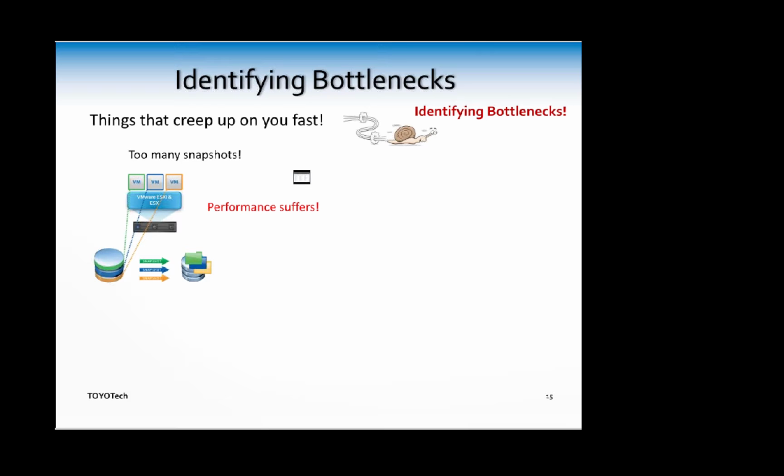Now, those snapshots, over time, they can grow in size. And also the storage location for those snapshots, you may run out of space, and of course, it's going to impact overall system performance. Let me show you a video of how you can easily identify those snapshots.